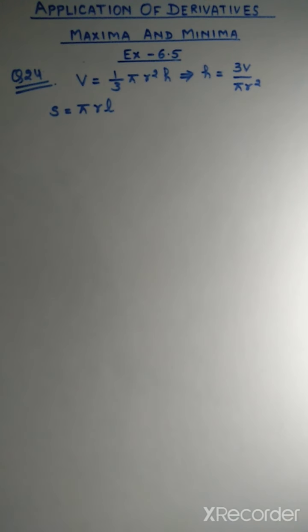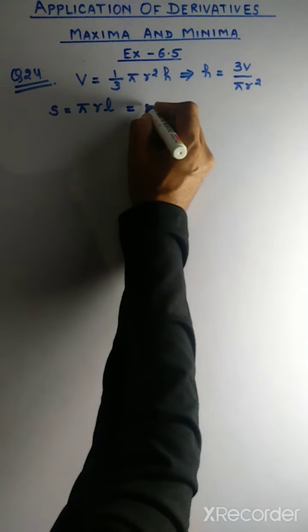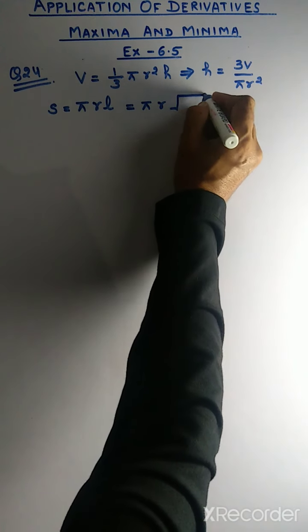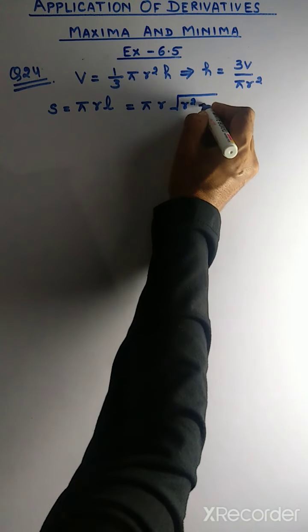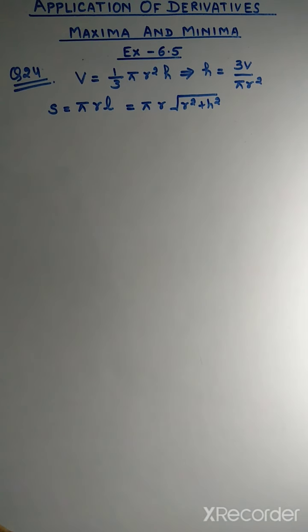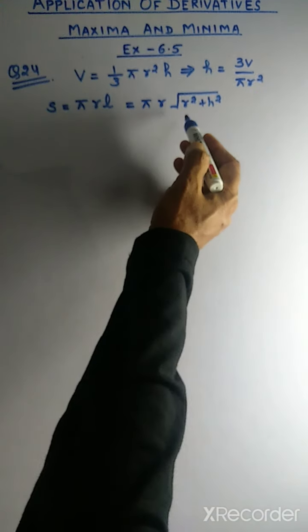Now you know the formula for slant height: l square equals r square plus h square. So in place of l we can put under root r square plus h square. Now s equals pi r into under root r square plus h square.